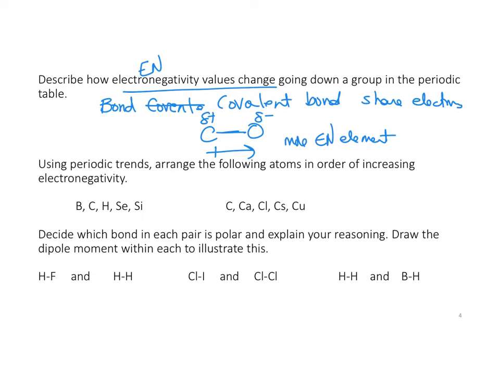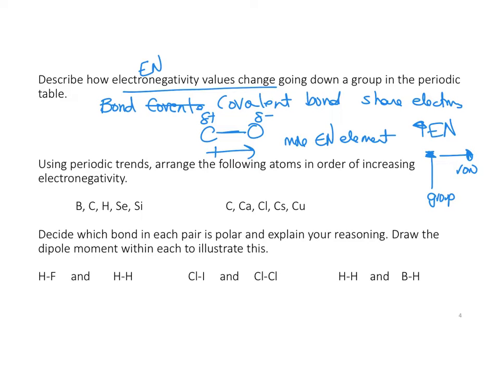And this is very important because this is going to determine a lot of our intermolecular forces. So you need to know the trends. Increasing electronegativity goes up a group and over a row.